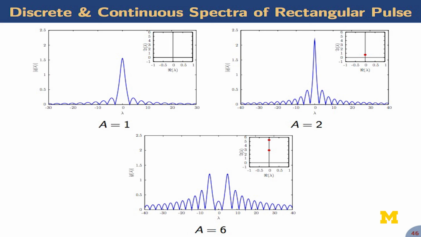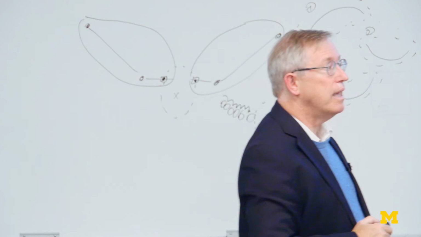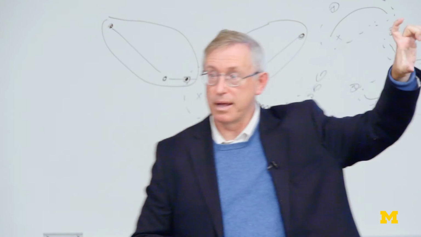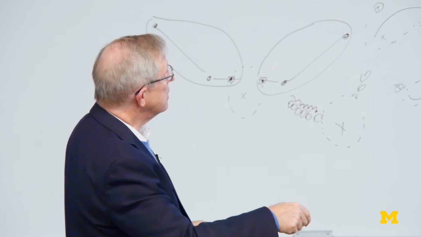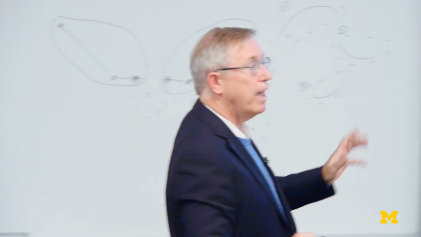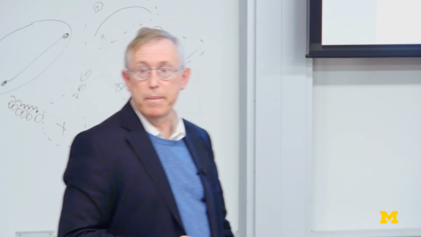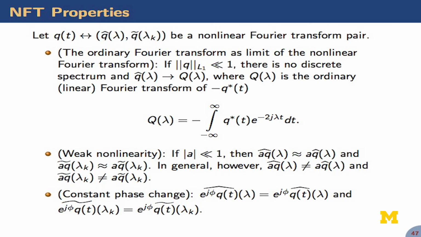It deviates from a sinc function, and a discrete eigenvalue appears in the spectrum. As you increase the energy further and further, more and more of these so-called solitonic components will appear in the spectrum. The system will become more and more like a soliton, and the continuous spectrum will deviate away from a sinc type of response.